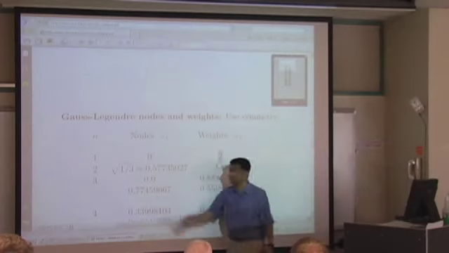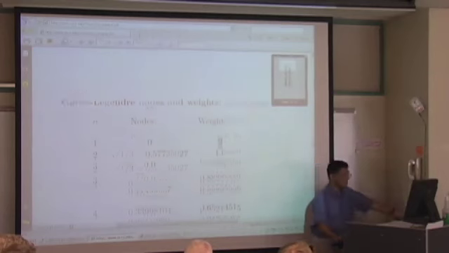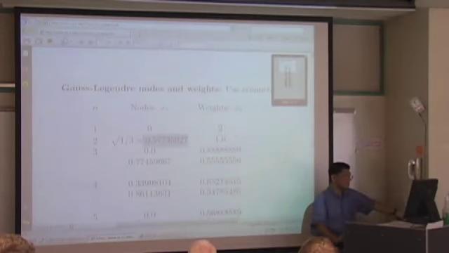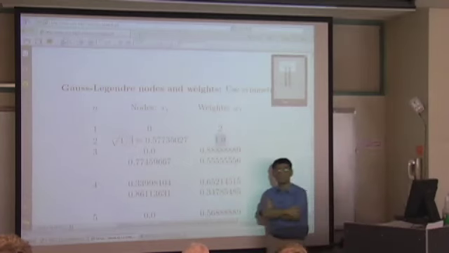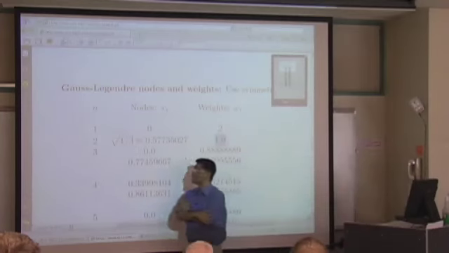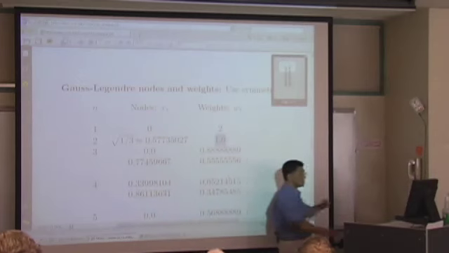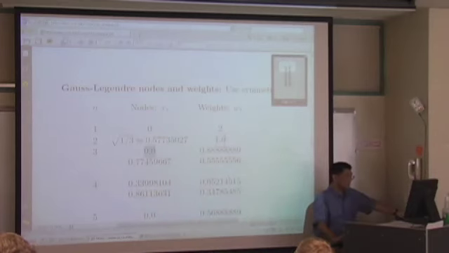And what about the next one? Next node point is this, or exact point is this one. And next weight is this one. And if you use 3 nodes, here is the node and weight is here. And here is the node and weight is here.